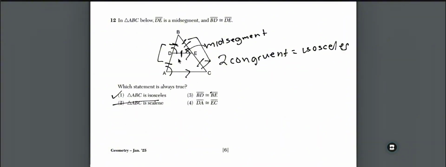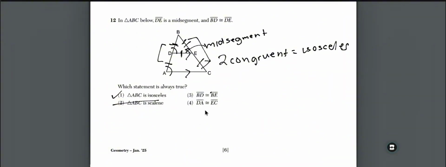Now it says BD is congruent to BE. Well, when a midsegment creates similar triangles, it creates a ratio between BD and DA, so they correspond into making that entire side congruent to the other side, BE and EC, to make BC congruent to BA.